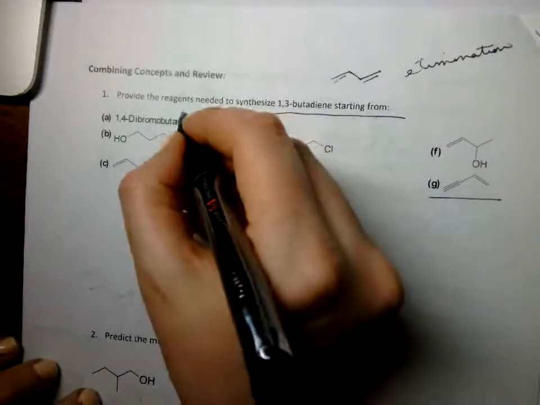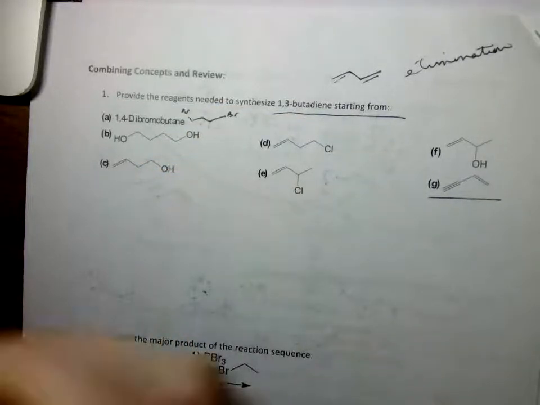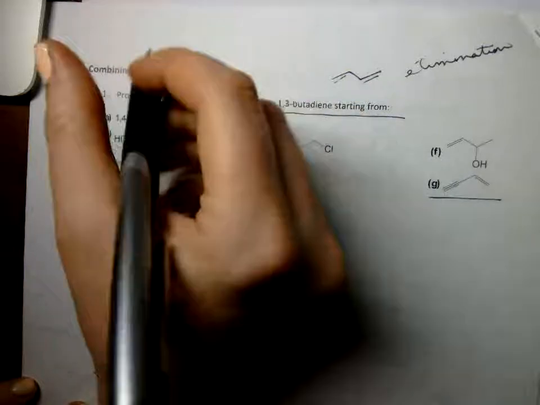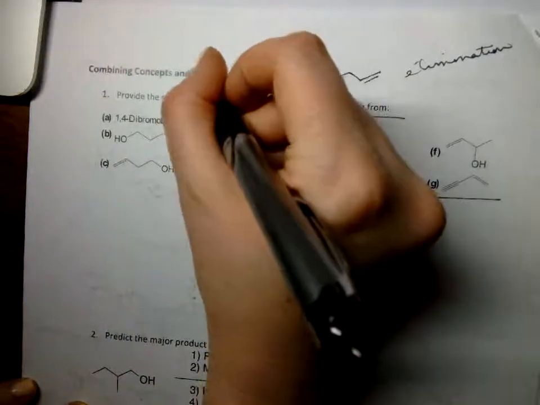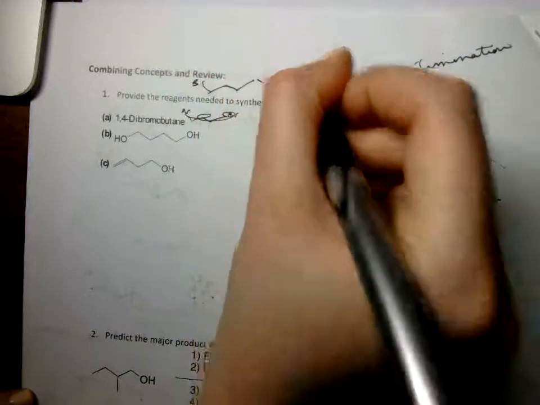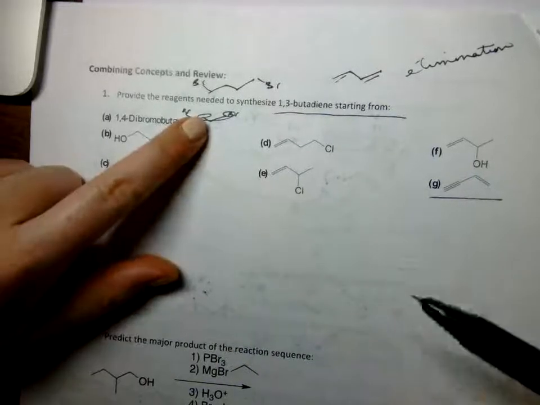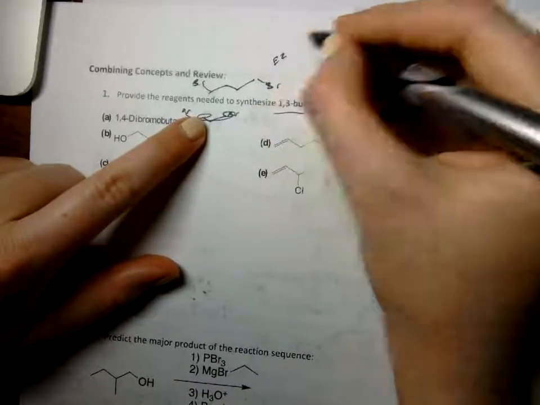And I like 1,4-dibromobutane because these are both, did I add this? No, that's 1,3. I'm going to draw out 1, 2, 3, 4 dibromo, because that's going to be a really good leaving group, right? So I see that. I'm like, this is going to be an E2 reaction.